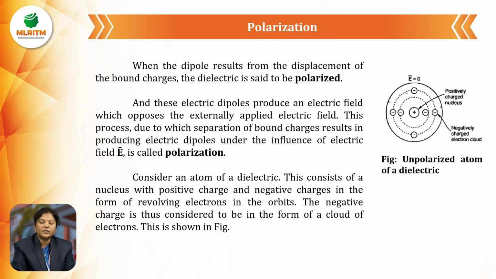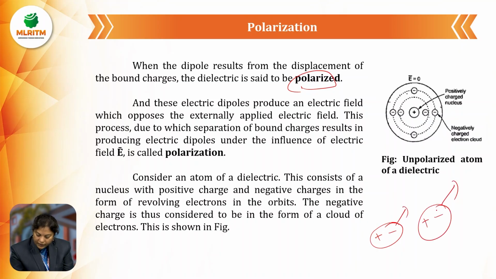When a dipole results from the displacement of bound charges, the dielectric is said to be polarized. So polarized is nothing but whenever the dipole results from the displacement of bound charges. This is moving like this, and another one moving like this. So this constitutes the bound charge, and this is nothing but polarization.